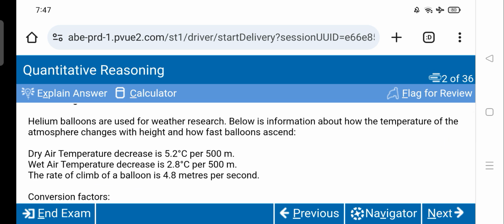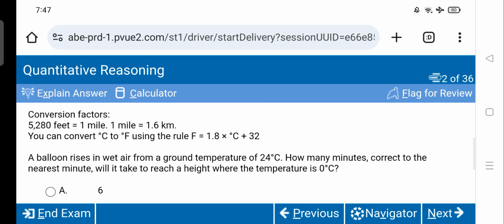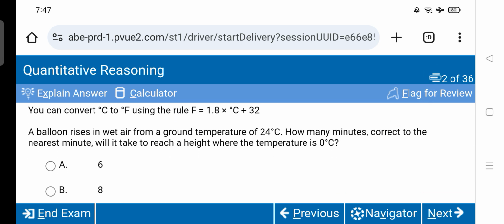Next, again we have the same information given in the passage, but the question is: a balloon rises in wet air from a ground temperature of 24 degrees centigrade.